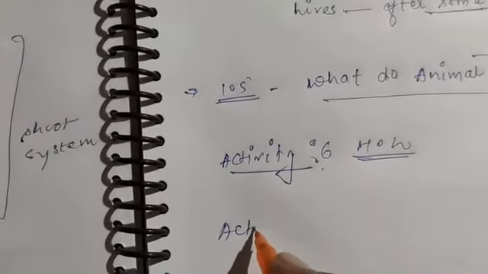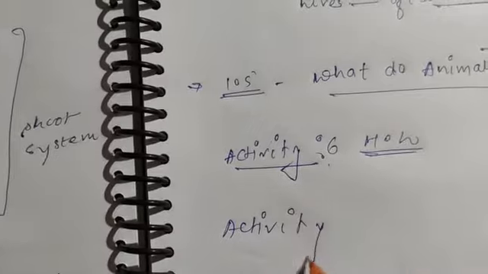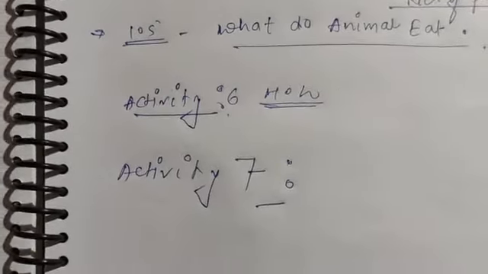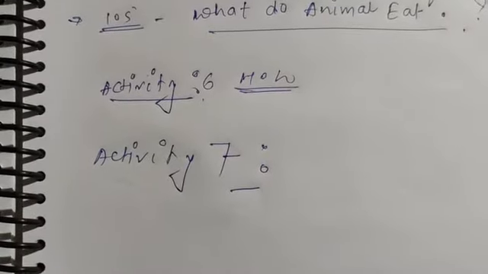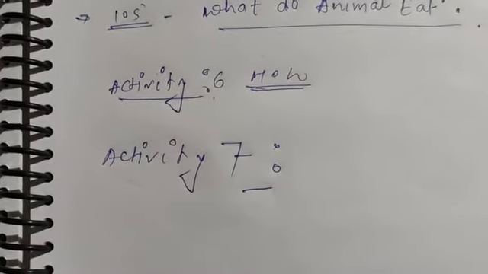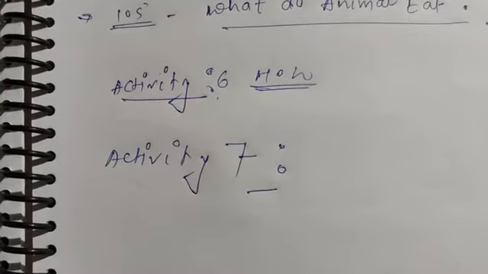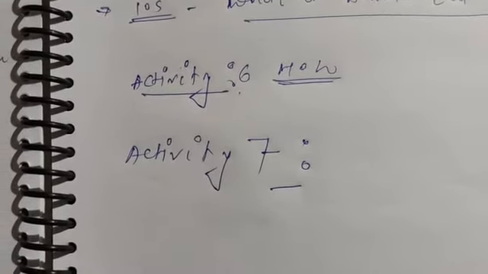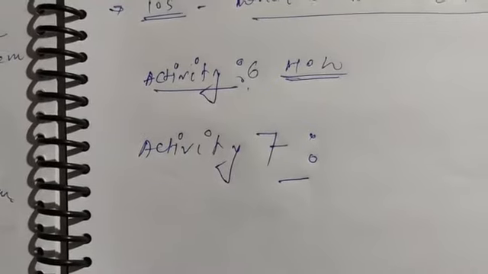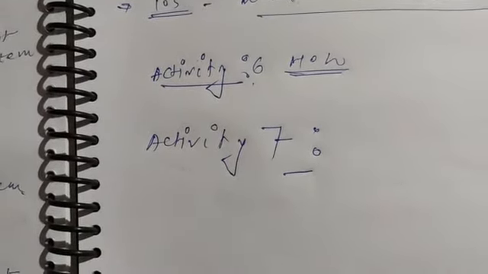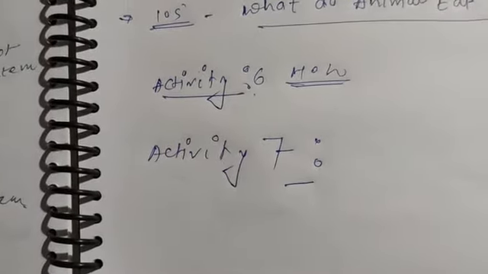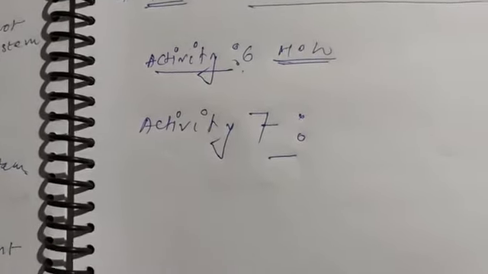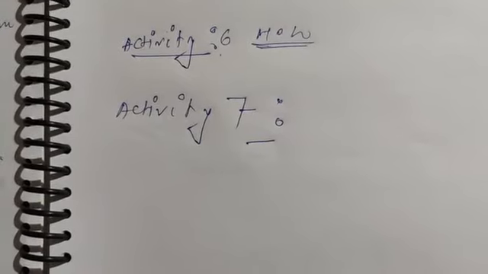Now activity 7. Activity 7 is based on table 1.5. Here in table 1.5 we mention some animals and their food.